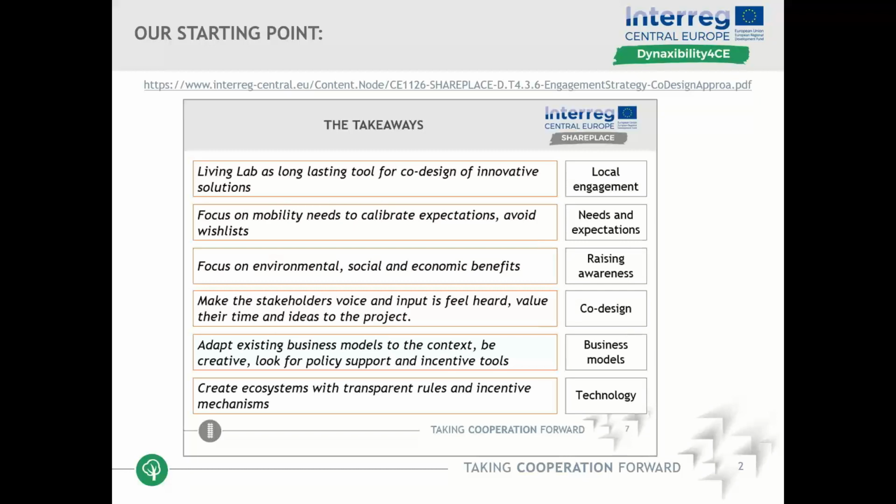This is our starting point, where you can already see elements connected to local engagement, to the analysis of needs and expectations, to the co-design process, to the definition of business models, and to the implementation of technologies, which represent the basis from which we start our development, focusing on our three topics.